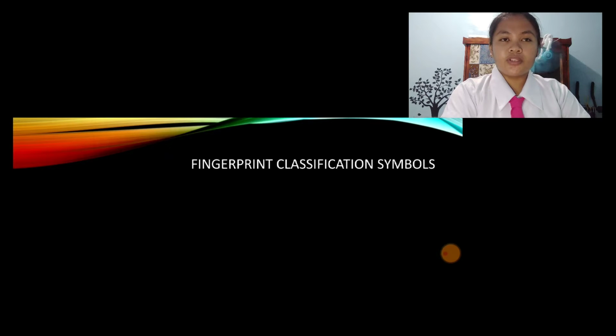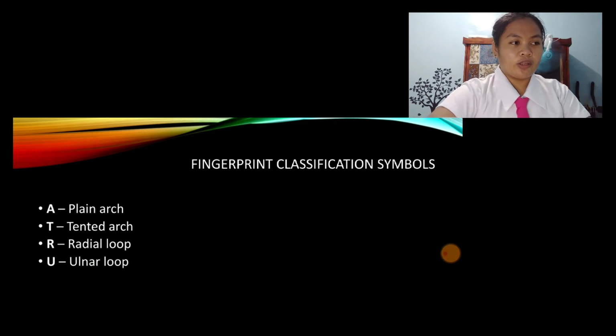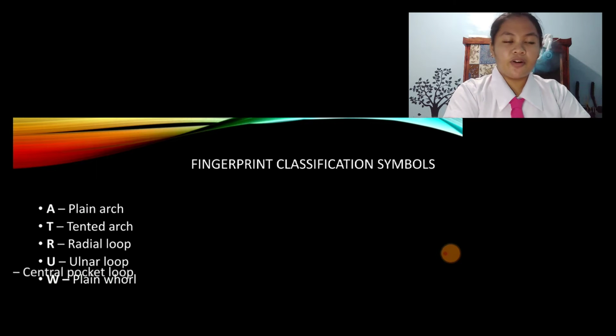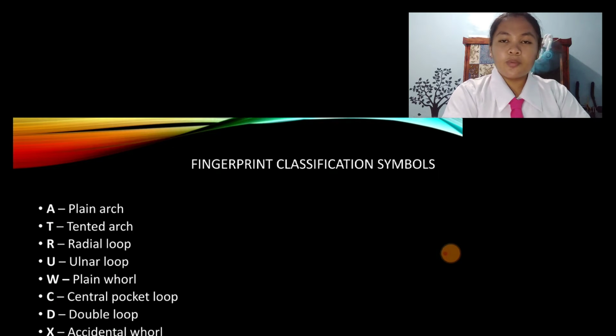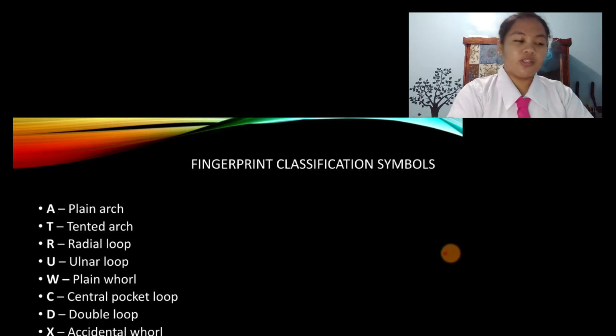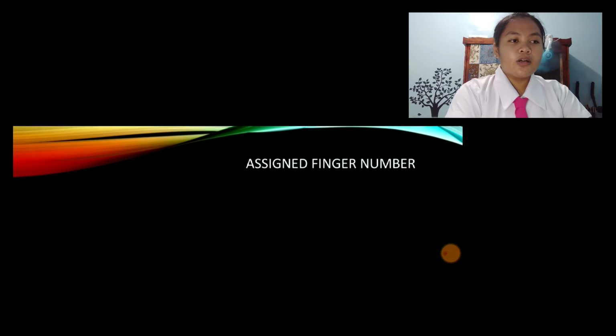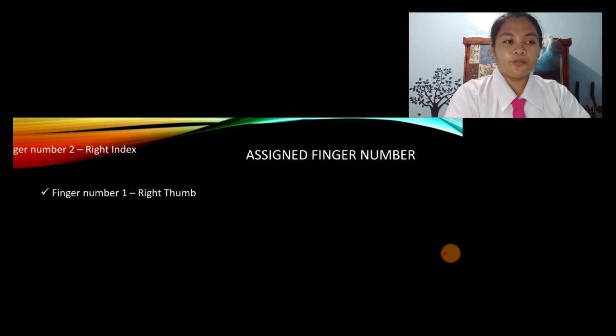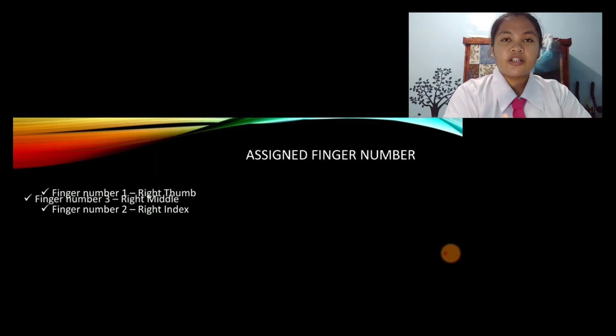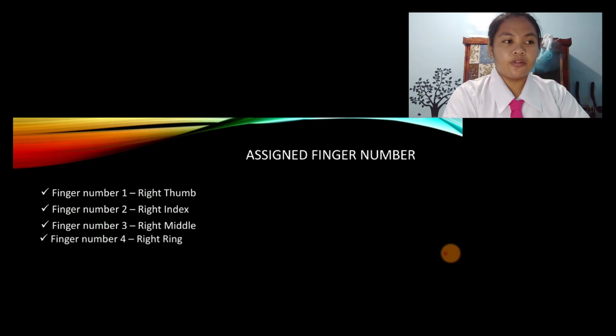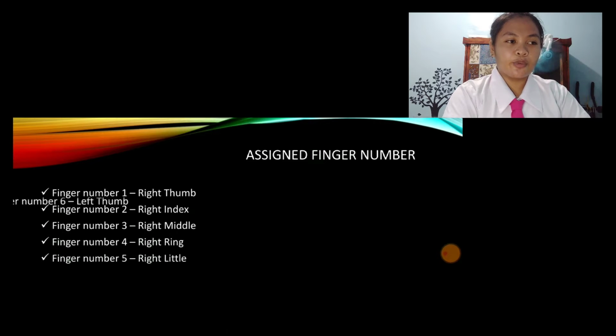Before we proceed to the fingerprint classification, we must memorize or familiarize the symbols of fingerprint classification, which is A as plain arc, T as tented arc, R as radial loop, U as ulnar loop, W as plain whirl, C as central pocket loop whirl, D as double loop whirl, and lastly is the X, which is accidental loop whirl.